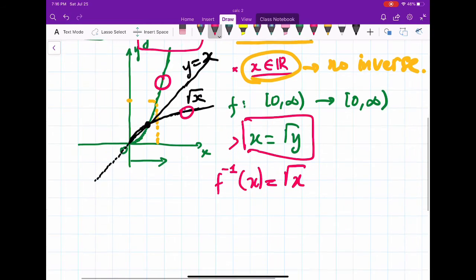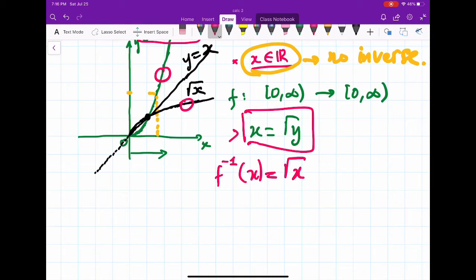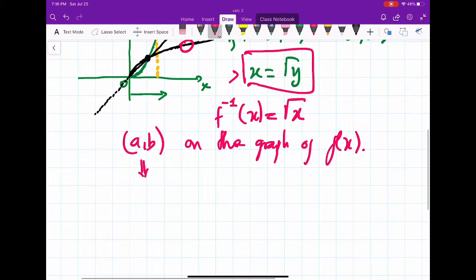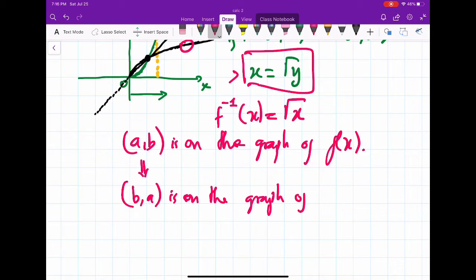Because if you have a point (A, B) on the graph of f of x, then when you do the inverse, the point (B, A) is on the graph of f inverse of x.